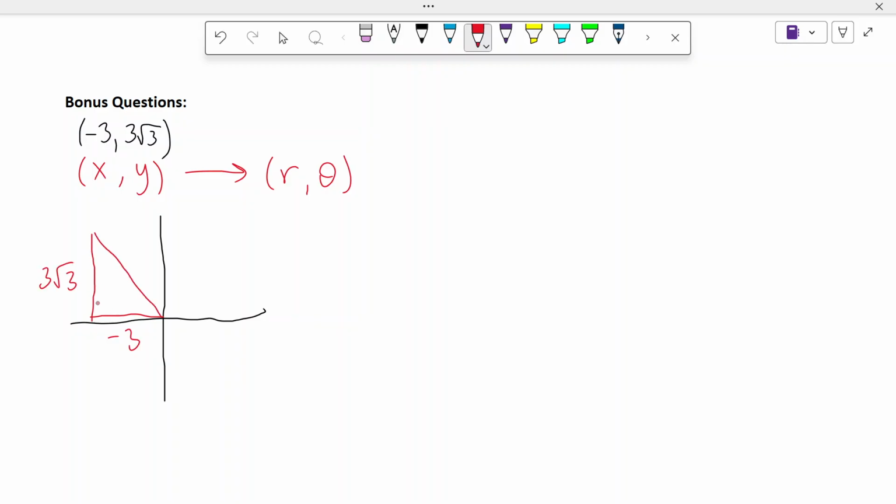Of course, we want to find the R and the theta. Let's quickly find the R, although that's not the focus of this bonus question, because what I want to talk about is what if the angle is good. A squared plus B squared equals C squared.